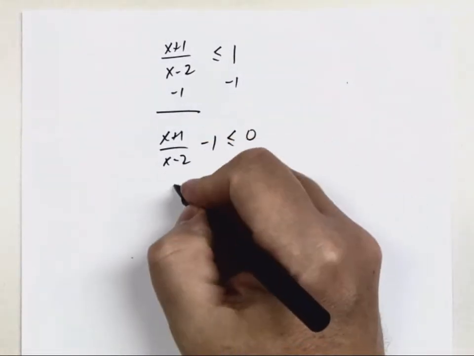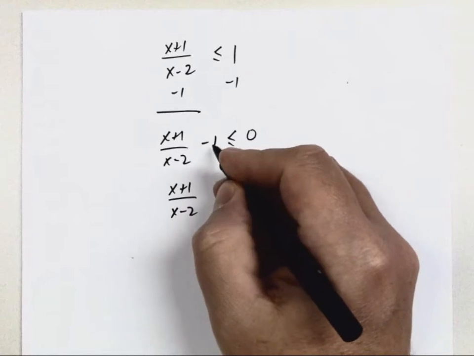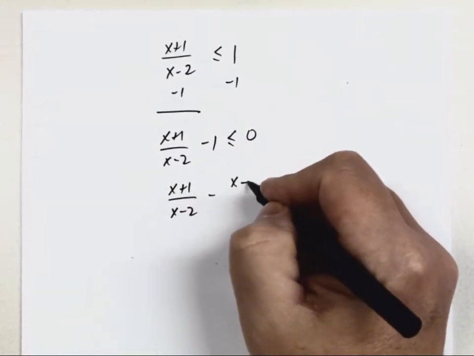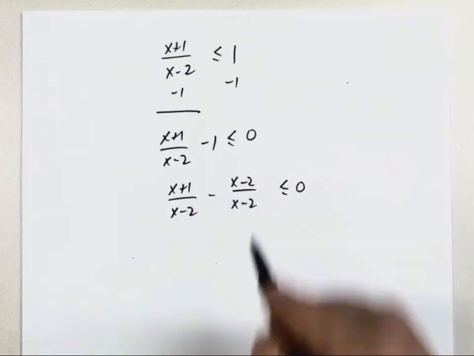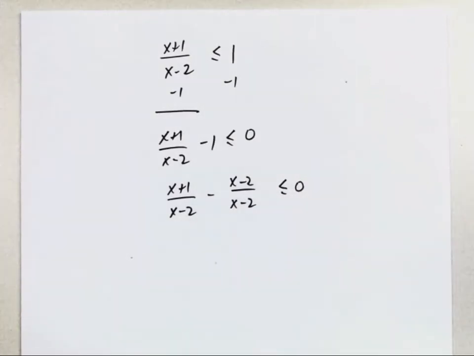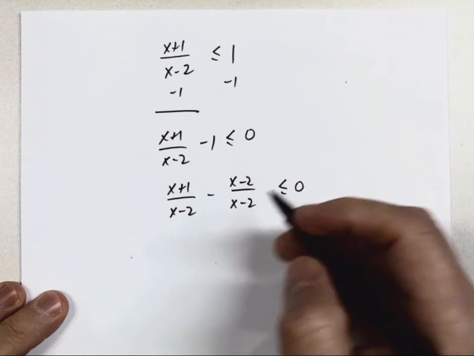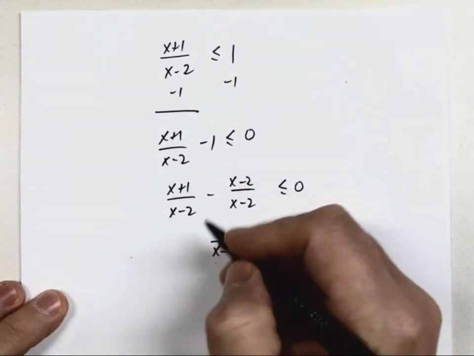So I need a common denominator. So let's change 1 to x minus 2 over x minus 2, right? So this fraction here is 1. But now, since I have a common denominator, I can now combine them.